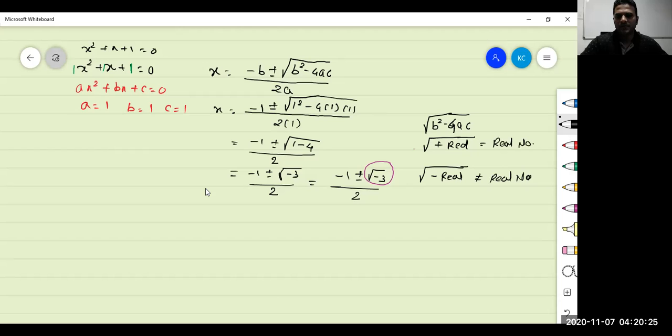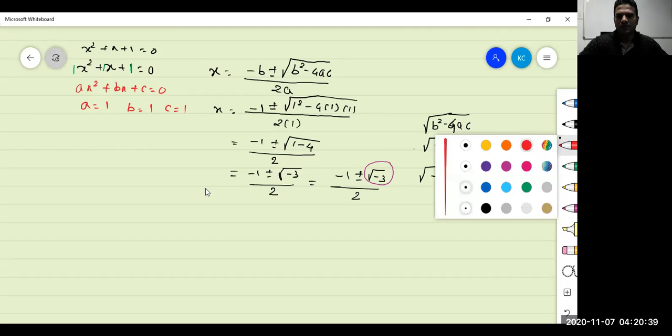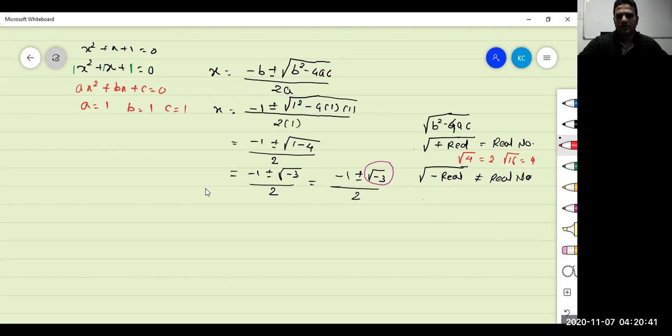Example, root of 4 is 2, root of 16 is 4, but root of minus 4 is not 2. But we can mention here root of minus 4. How to write?